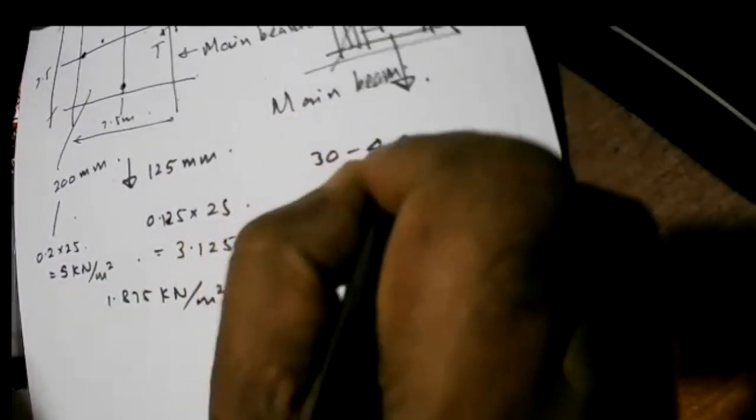So you can see we are saving about 1.875 kilonewtons per meter squared of weight in every square meter. And if you are considering something like a 30 to 40 story building, then you can see the saving can become very significant.